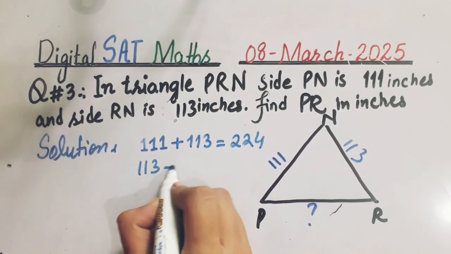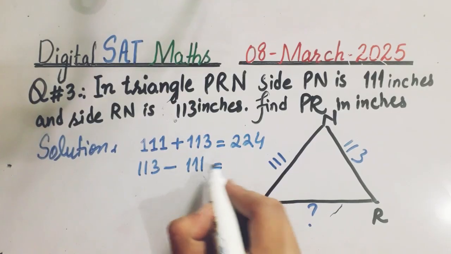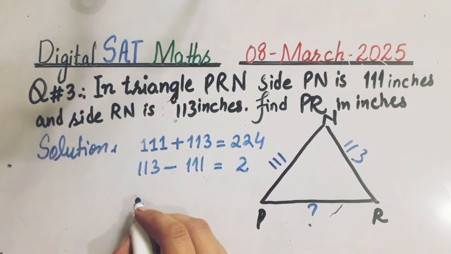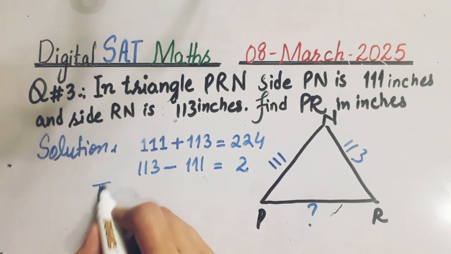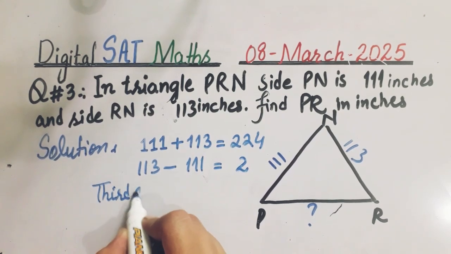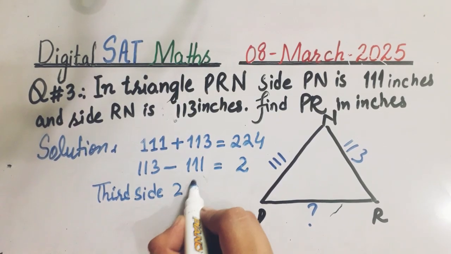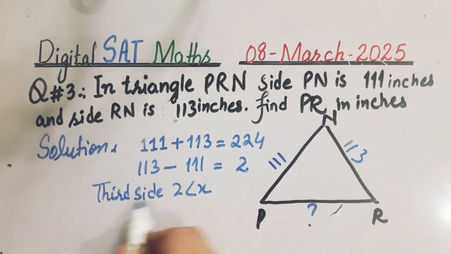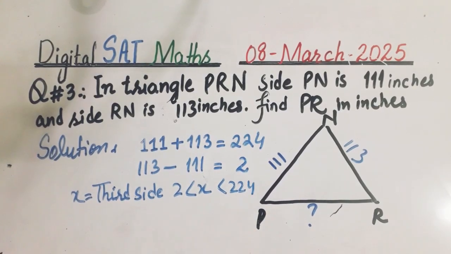And the second one is subtraction of both, so this is equal to 2. So the third side lies between, let's suppose third side equals x. So that is not less than 2 and not greater than 224. So this will be the final answer.